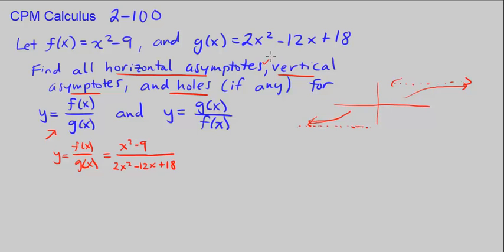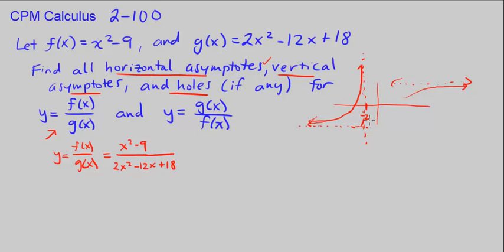So that's a horizontal asymptote. A vertical asymptote is if we are approaching a point, let's call it -2, and we never cross that vertical line, so we have a vertical asymptote there.